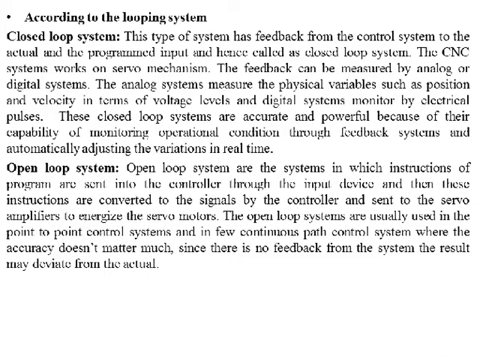In an open loop system, the instructions of the program are sent into the controller through the input device, and then these instructions are converted to signals by the controller and then sent to the servo amplifiers to energize the servo motors. The open loop systems are usually used in point-to-point control systems, and in a few of the continuous path control systems also we find the usage of open loop system.